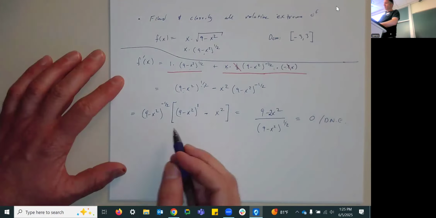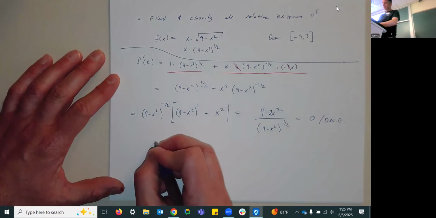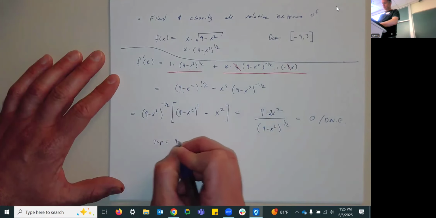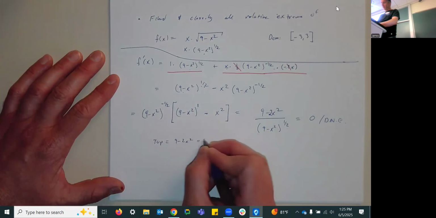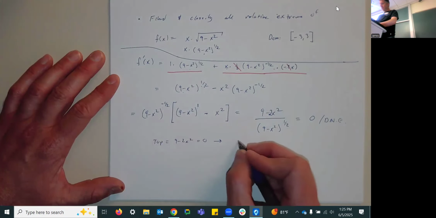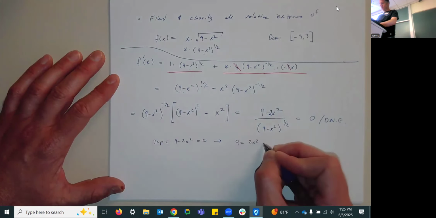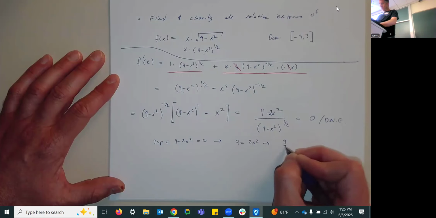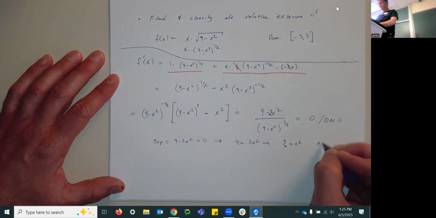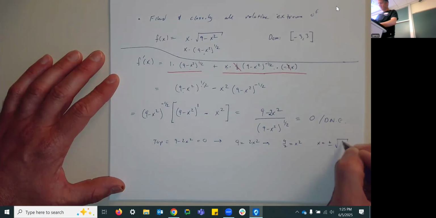So here, setting the top equal to 0, I'm going to get some not lovely critical points. I'm going to get 9 equal to 2x squared, 9 over 2 equal to x squared. So x is equal to plus or minus the square root of 9 over 2.